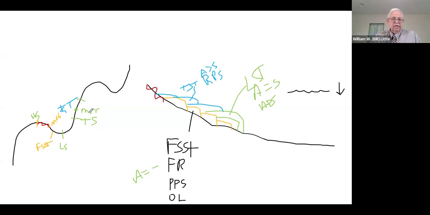And then as we reach this other surface up here, which we refer to as the maximum flooding surface, this is where we start to see a turnaround. And the sediment supply again becomes equal to the rate of accommodation.